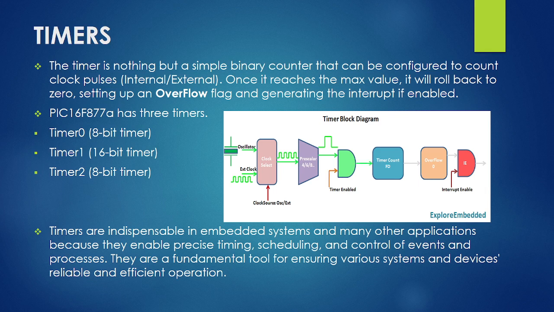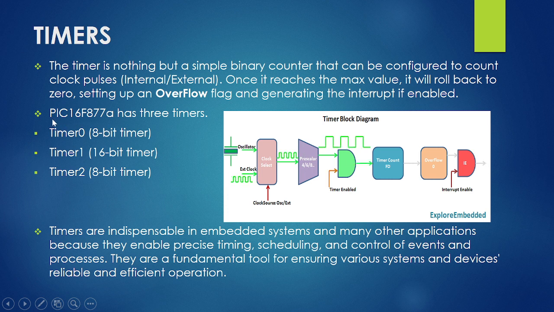And as it reaches its maximum value, the overflow flag gets set. If the overflow flag is set to 1 and interrupt is enabled, then the ISR function is executed or the interrupt is generated.